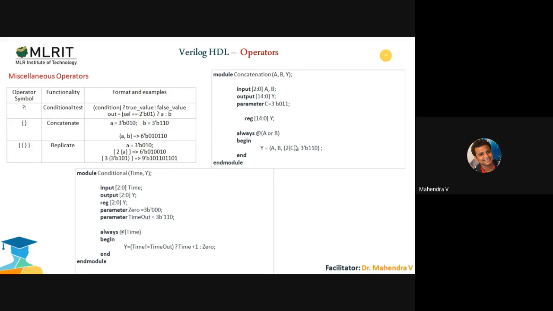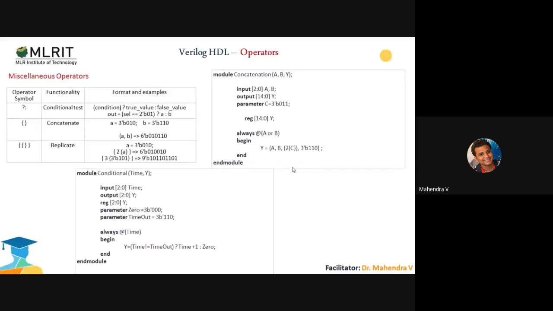Here, this is replicated twice. So 4, 5. 5 into 3, each having 3 bit, so the total Y size is 15 bit. Now see here, Y is formed by merging the different operands together. This kind of operation is required in Verilog HDL also in order to resize the buses.